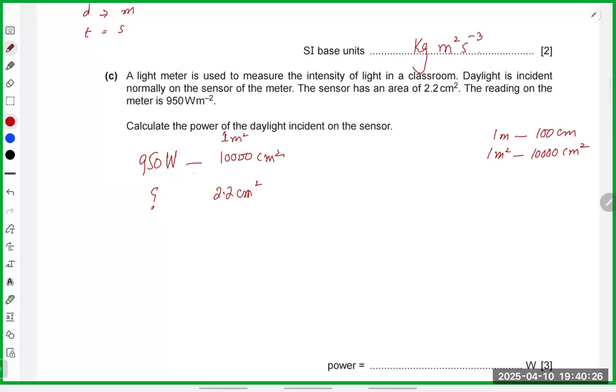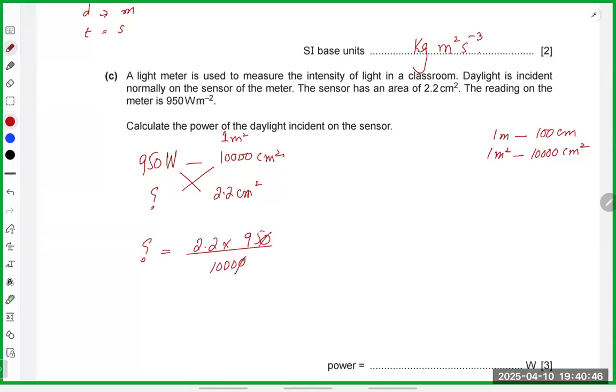Now, if we have 10,000 centimeter squares for 950, then for 2.2 centimeter square x, we can solve this by cross multiplication. So the answer will be 2.2 into 950 divided by 10,000.